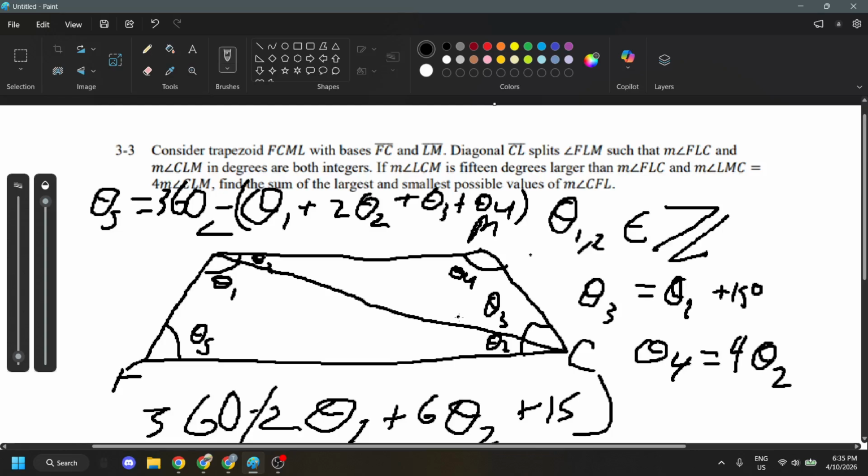Or this trapezoid? I just realized it's two triangles. Do we know, are the triangles similar? We know that they both share theta 2. So that means that this plus this is equal to this plus this. Are any of these other angles the same? We don't know. Probably not.